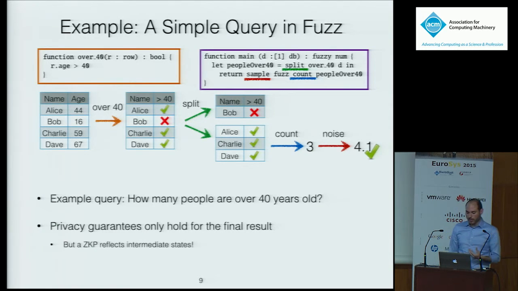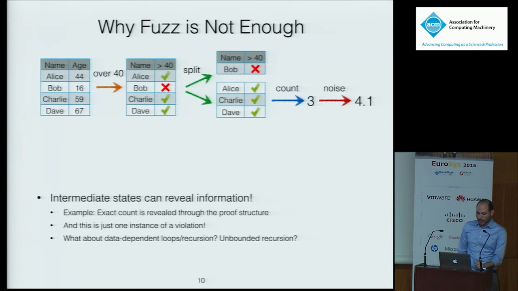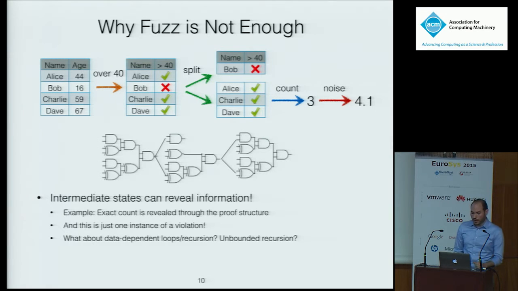But the rest of the execution was not designed to preserve privacy. Suppose we trace the execution of this query to construct a zero-knowledge proof for this query. Then the size of the intermediate databases is reflected in the structure of the proof.